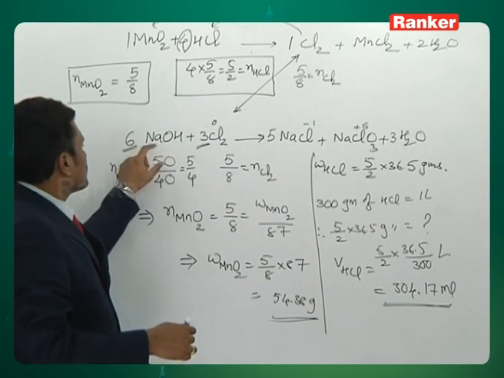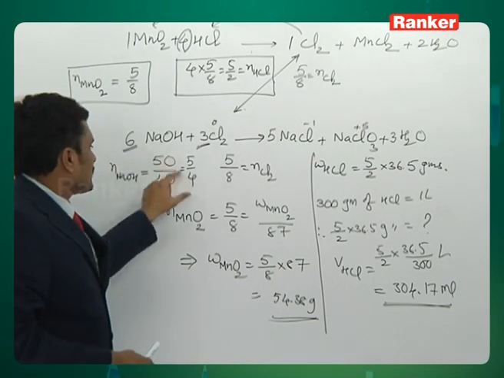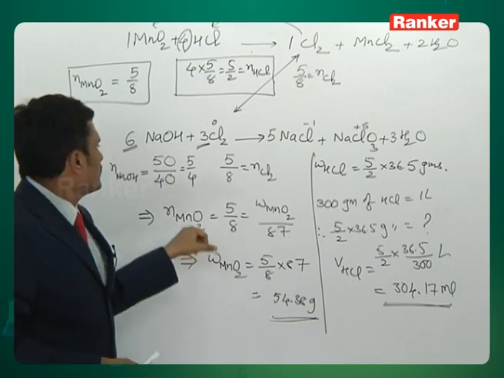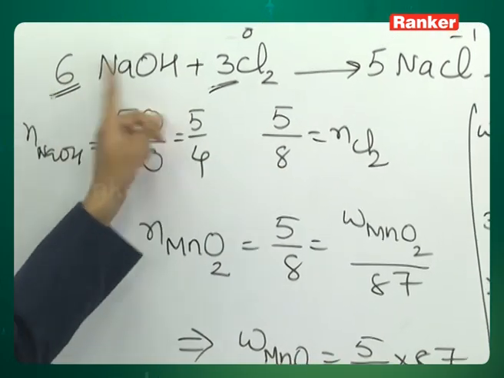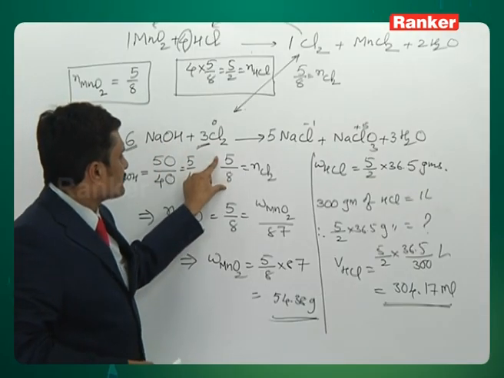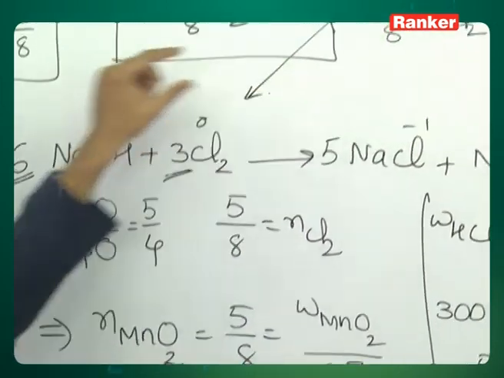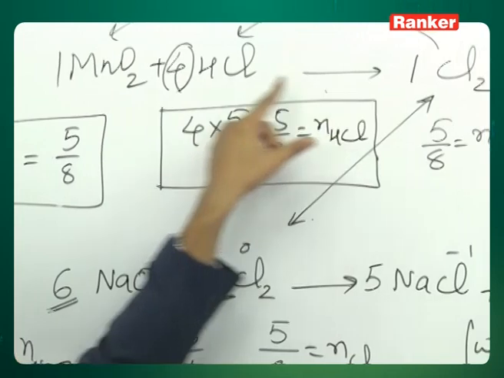You have been given the information regarding the NaOH, where you can see 50 grams is reacting, that is 5 by 4 mole are reacting. For every 5 by 4 mole, you got 5 by 8 mole, because the ratio is 2:1, that is 1:half, hence 5 by 4 has given 5 by 8. This 5 by 8 has given the equal amount of MnO2 when you have balanced this equation. You can see 1:1 is the mole ratio.